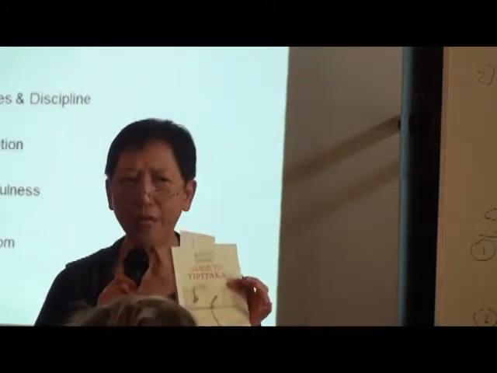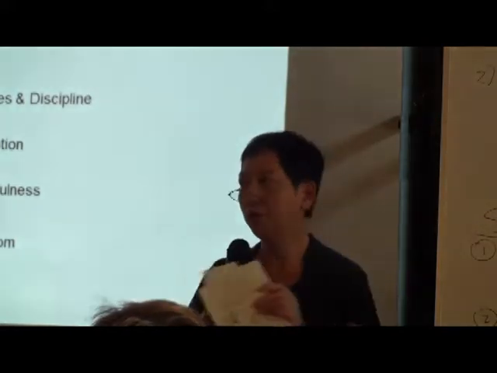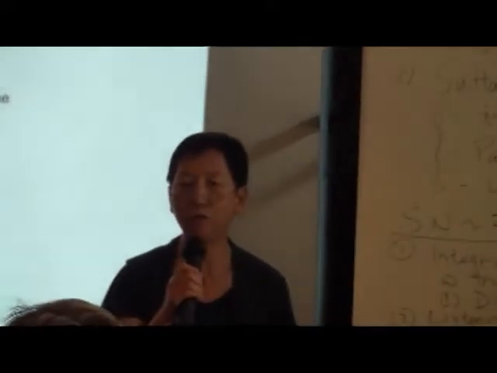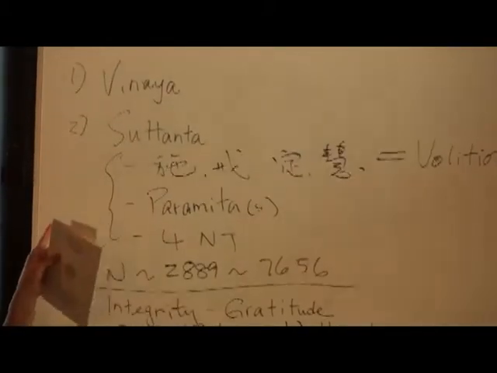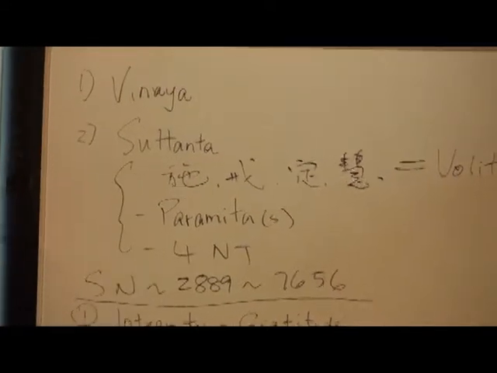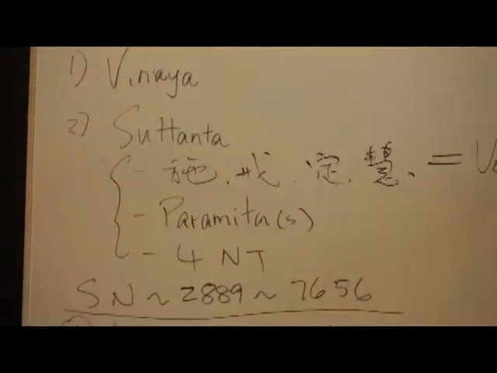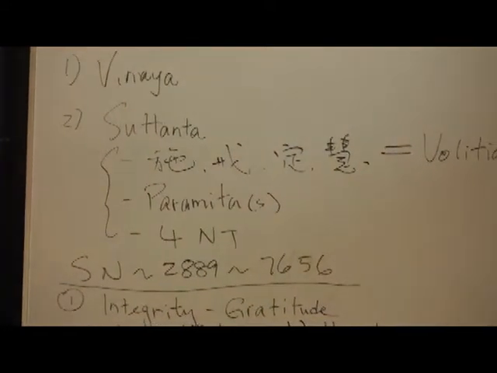So in here we have the Vinaya, which the master talked about. That's part number 1, and then we have the Suttanta, which is the discourses, and then we have another one which I didn't put on the board. It's called the Abhidhamma commentaries.